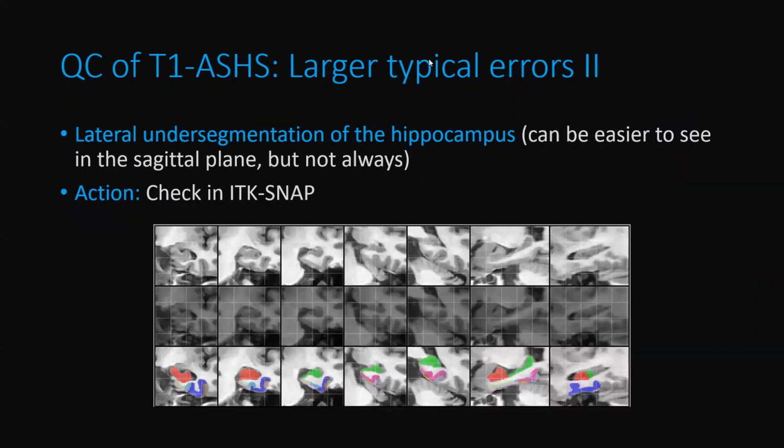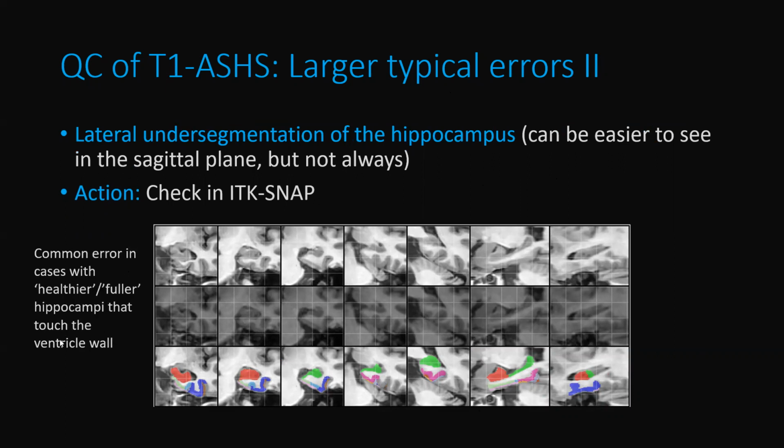All right, so then I'm moving on to the next example of the larger typical errors, and that is lateral undersegmentation of the hippocampus. This can be easier to see in the sagittal plane. I should have mentioned it before, but the first 5 screenshots are in the coronal plane, the last 2 in the sagittal plane, and it can be easier, but not always.